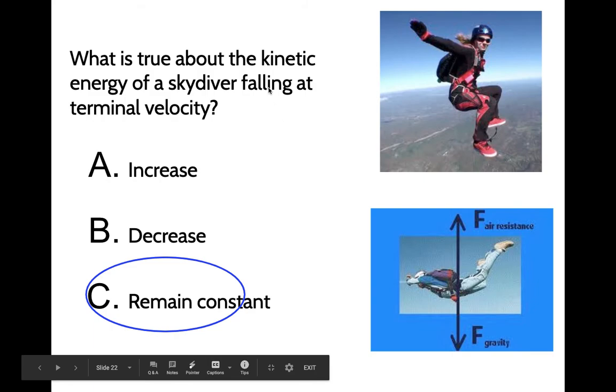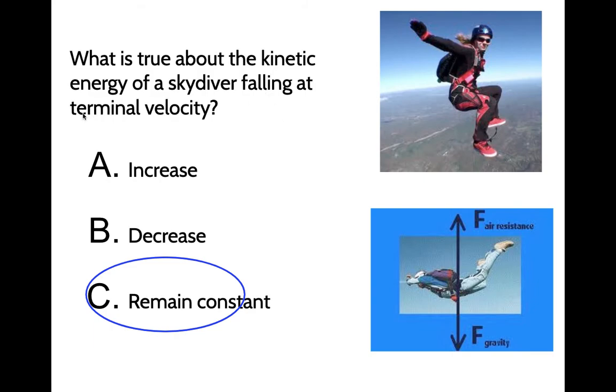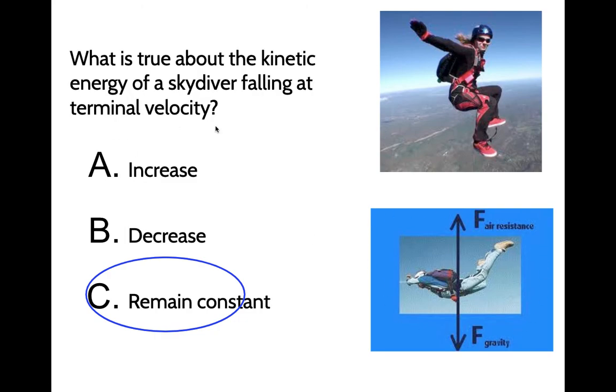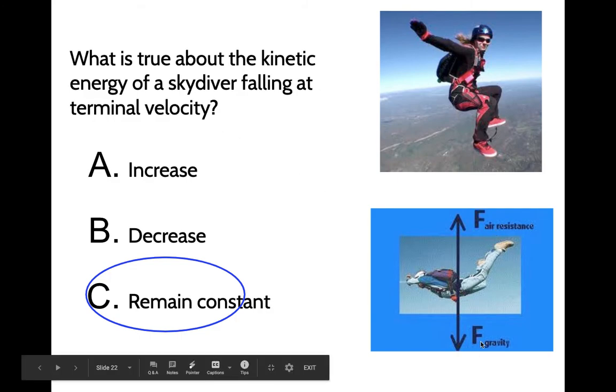It's falling at terminal velocity, and that means it's not speeding up, it's not slowing down, it's staying at the same speed. So the net force on it is 0, and if it's staying at the same speed, that means its kinetic energy is going to stay the same. The air resistance in this case has equaled the force of gravity.